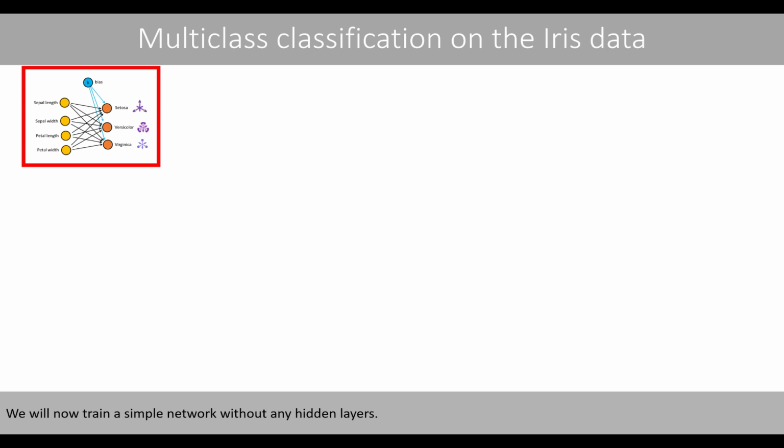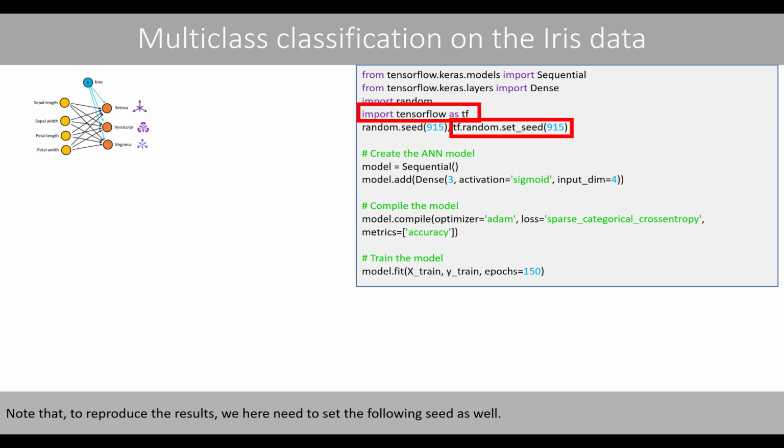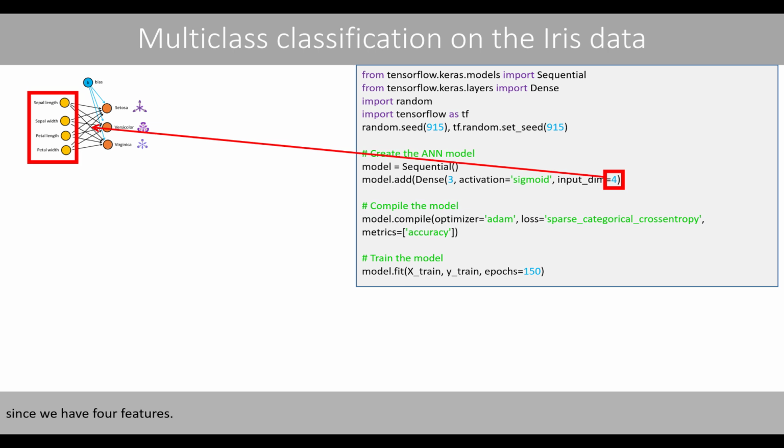We will now train a simple network without any hidden layers. We can then set up the code like this. Note that to reproduce the results, we here need to set the following seed as well. We set the input dimension to 4, since we have 4 features.